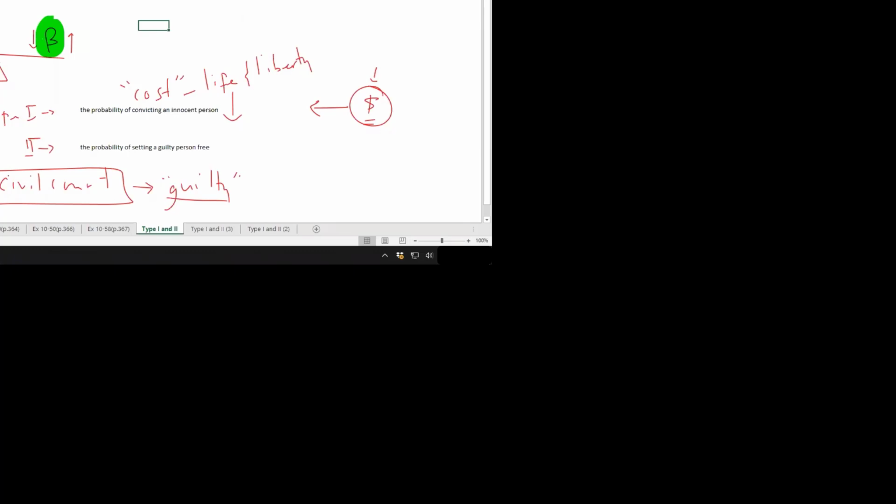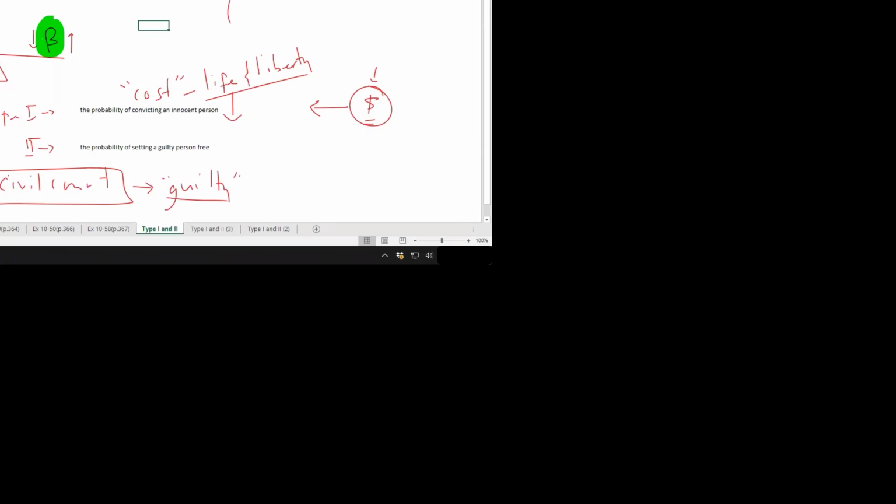So in the type 1 error, in the criminal justice system, the alpha is as small as possible. Meaning we are not as willing to commit a type 1 error in the criminal system because the cost is quite high.